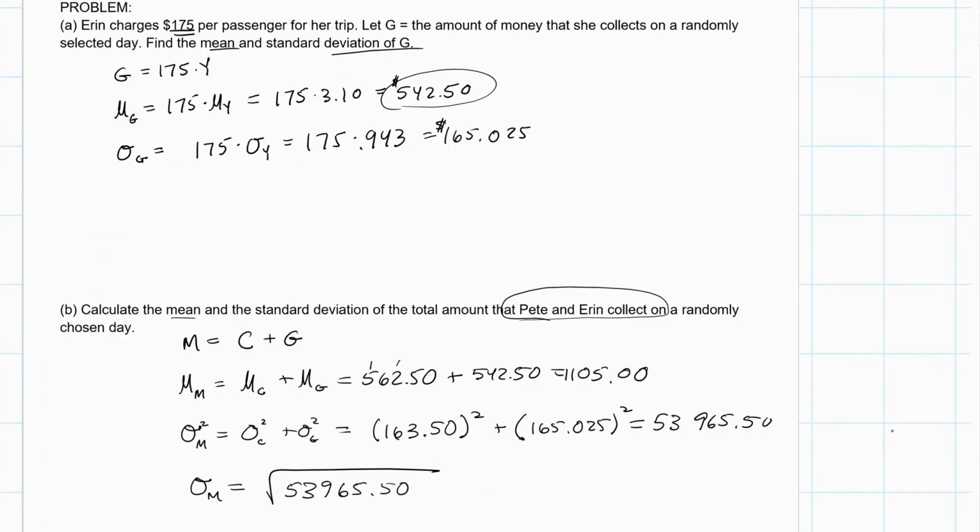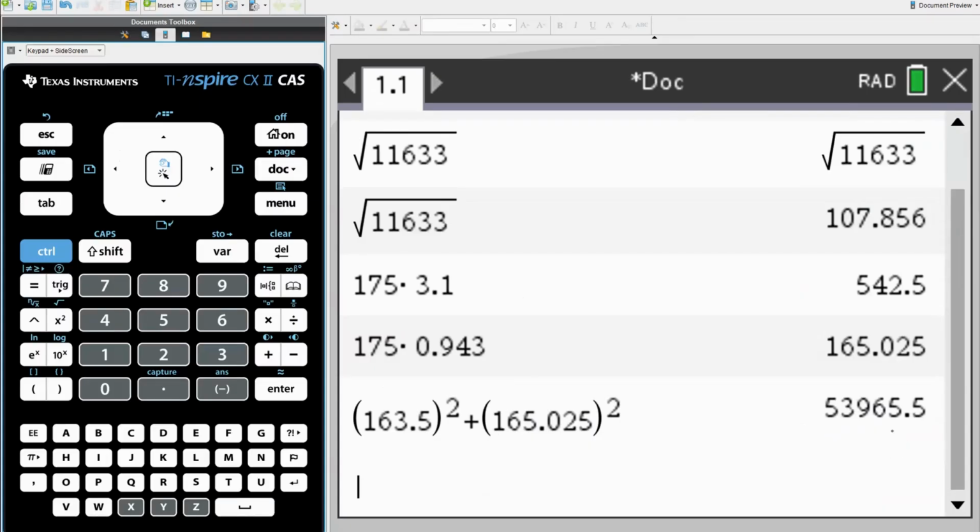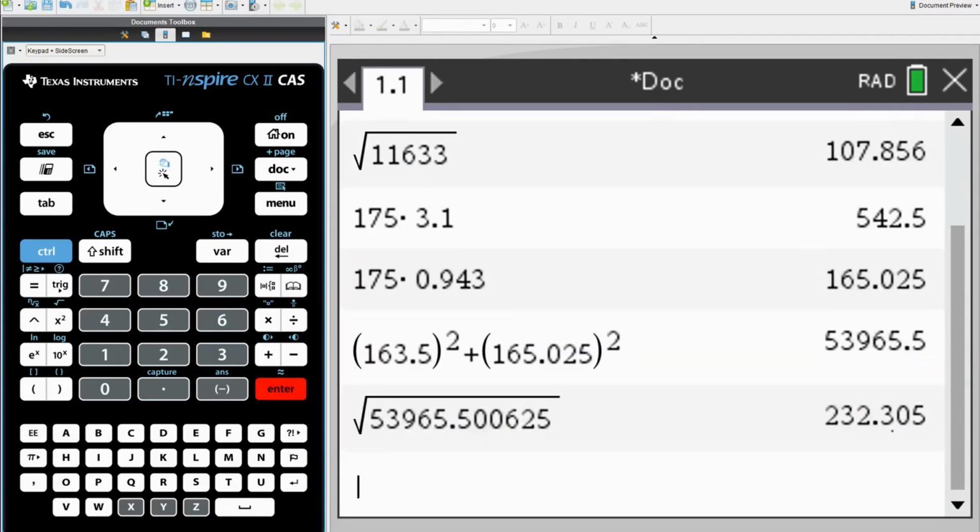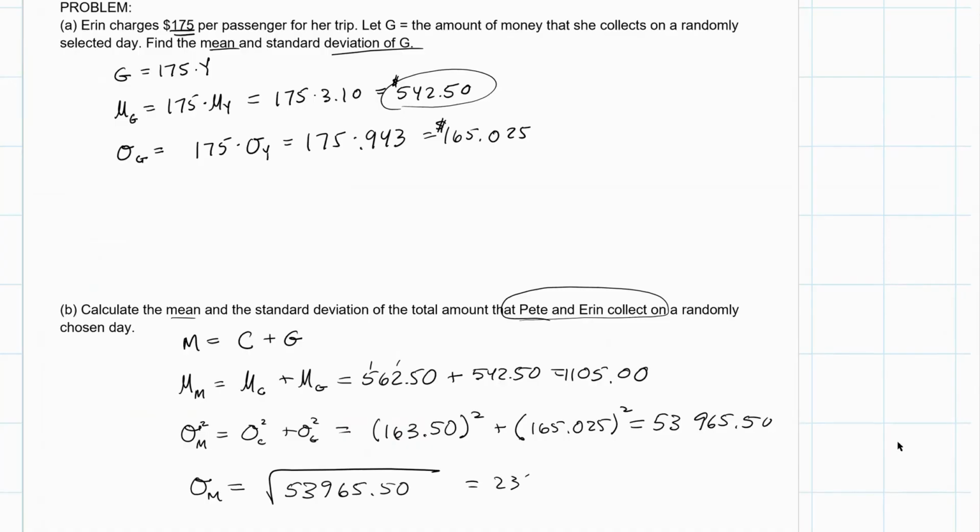So we'll take the square root of that number, and we get 232.31, and that's in dollars, and the mean is also in dollars. So we put those units on there. All right. So now we're finished. Are we finished with Aaron and Pete?